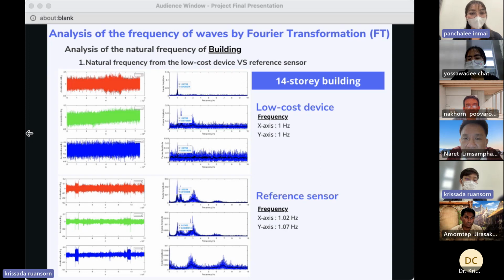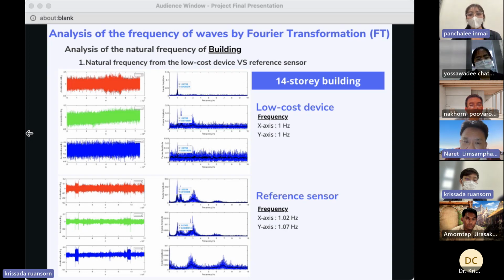So we put the low cost device and the different sensors at the same time, just one experiment, which is the 14-story building.